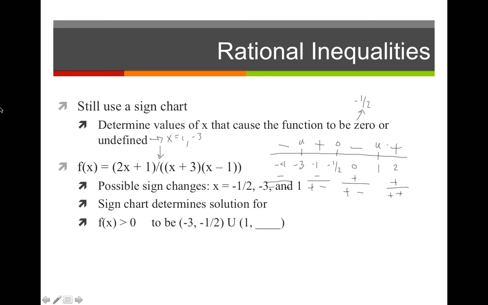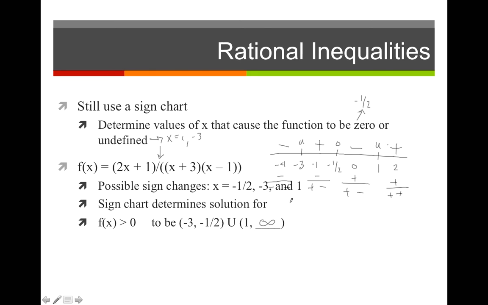So if we were to look at f of x is greater than 0, I would look at all of the things that give me positive values. So it's positive from negative 3 to negative 1/2, and then it's positive again from 1 to infinity.